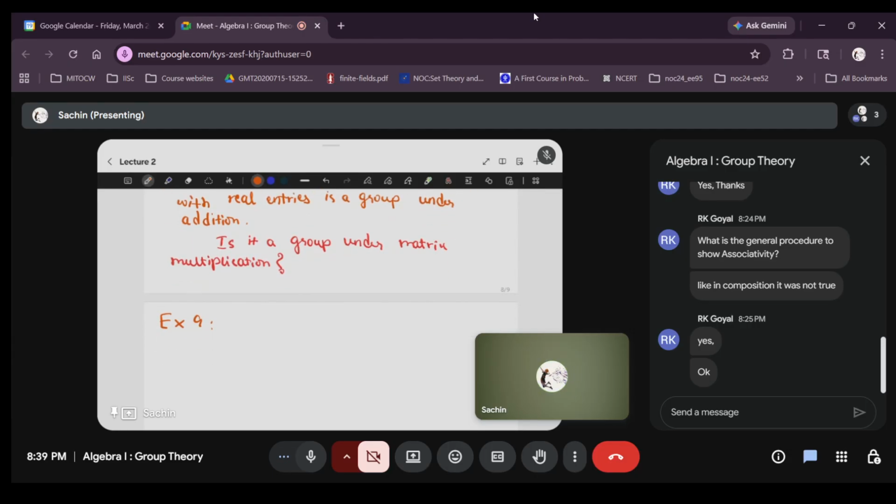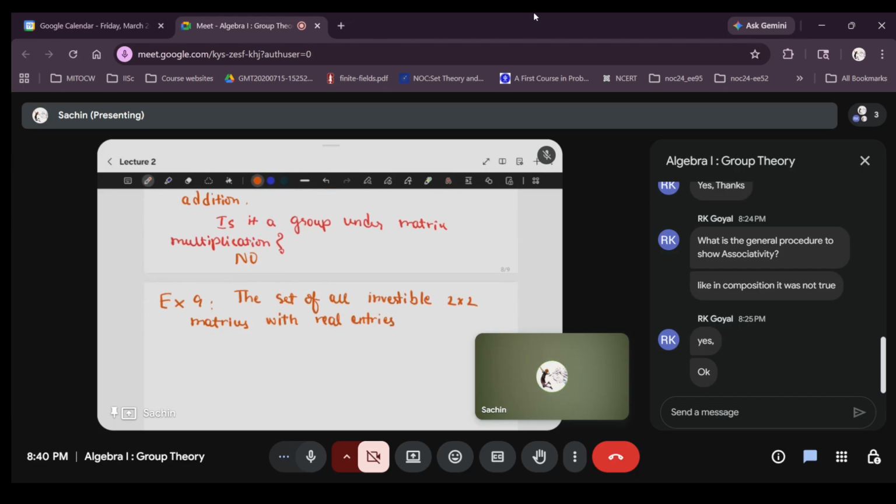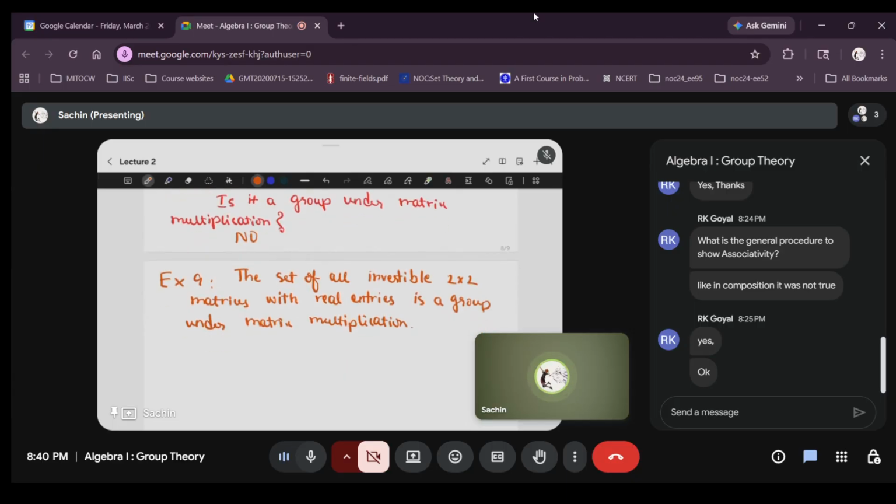So the set of all invertible 2 by 2 matrices with real entries, for now we'll stick with real entries, but it doesn't have to be real numbers, is a group under matrix multiplication. So let's stay at this example for a little bit.